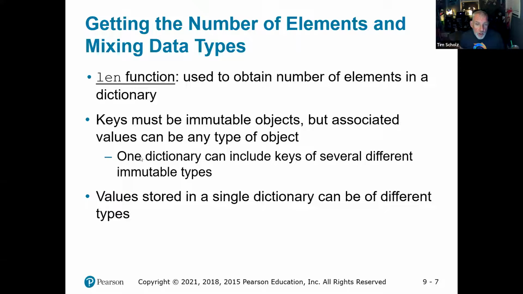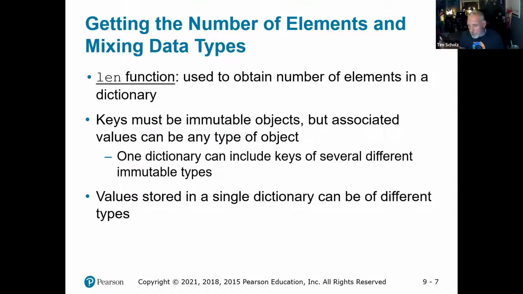One dictionary is allowed to include keys of several different immutable types. So we can have a key that is a string, a key that's a number, a key that's a float. You get the idea. And a lot of times when working with a dictionary, the values can be of different types.